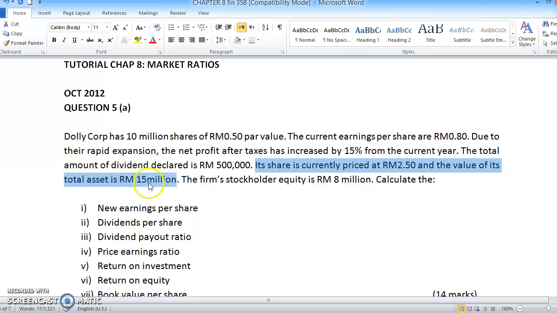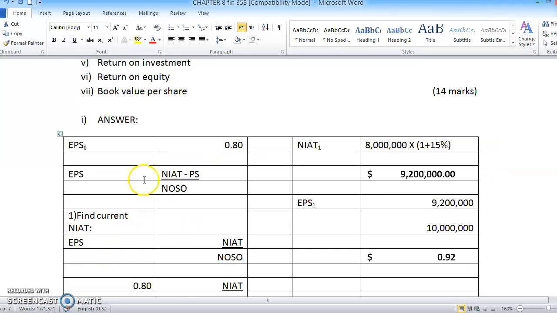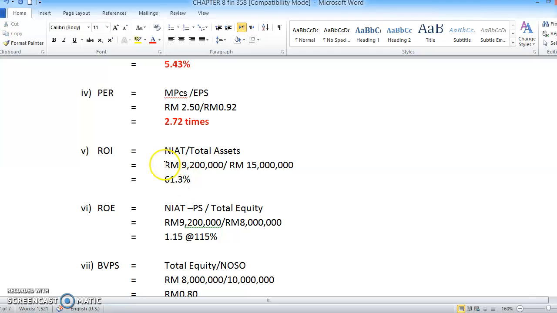So dia dah stated dekat sini. Kalau dia bagi dalam bentuk balance sheet, maka you kena tengok dekat total balance sheet tu what is the total asset lah. Cuma dalam soalan ni dia bagi dalam bentuk sentence macam ni, dalam bentuk ayat. So you kena cari what is the number of total asset. So 9.2 million divided by 15 million. So you will get 61.3%. Jawapan untuk ROI mesti dalam bentuk percentage lah. So you will get 0.613, right? So darabkan kepada 100 untuk dapatkan dalam bentuk percentage.